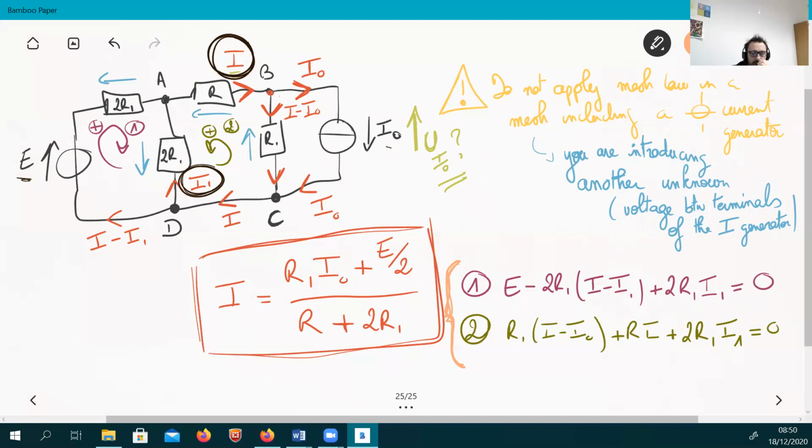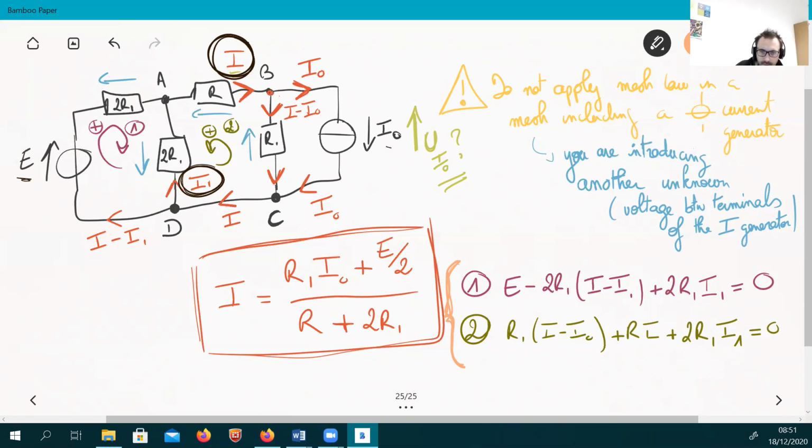Because for the second equation, I didn't take the same positive. Okay, so you should end up with a minus sign in front of everything if you pick the same.